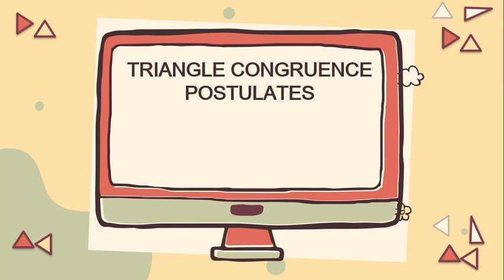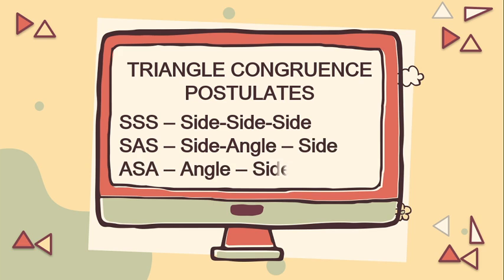We also discussed the triangle congruence postulates. Natatandaan ba kung ano yung mga triangle congruence postulates? Ito yung may tatlong S, yung may angle. Okay, that is SSS or the side-side-side. We have also the SAS or the side angle side and ASA or angle side angle.